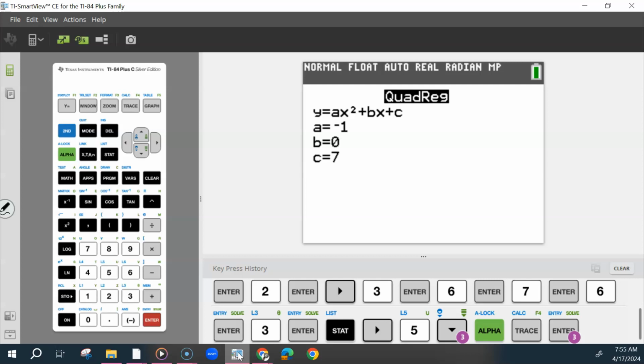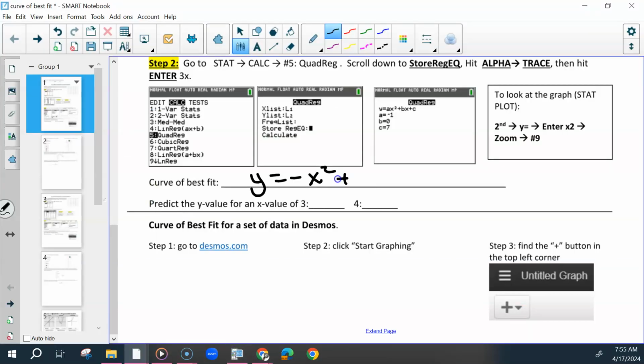There is no b, so you can put plus 0, or you can just leave that off, and then plus 7. It is a binomial, but it's still quadratic. But we're not factoring, so that part doesn't matter.